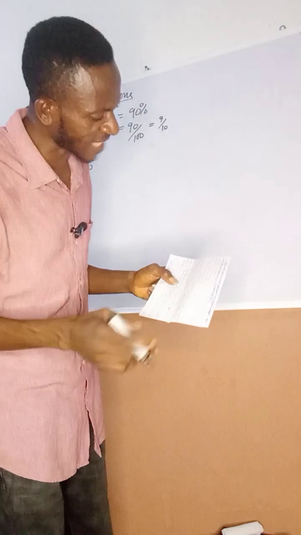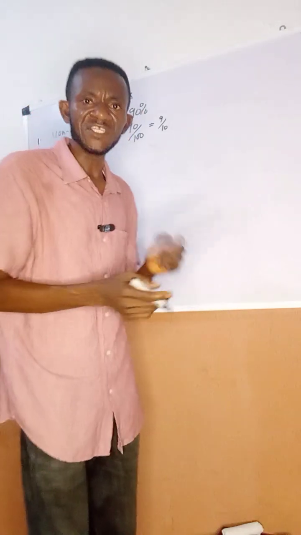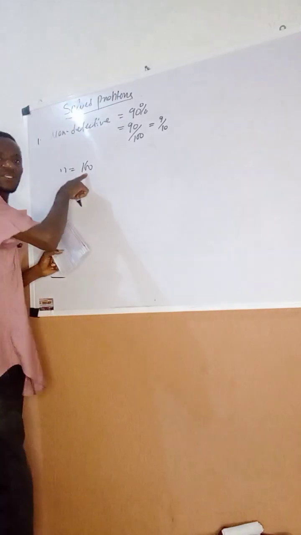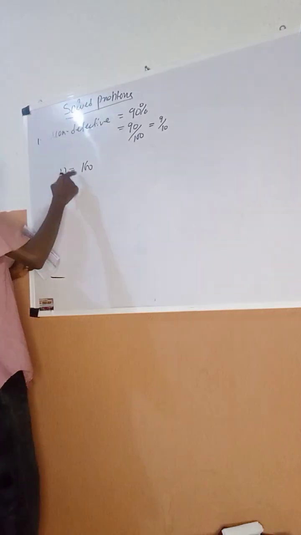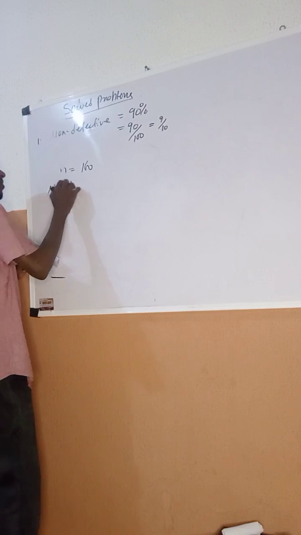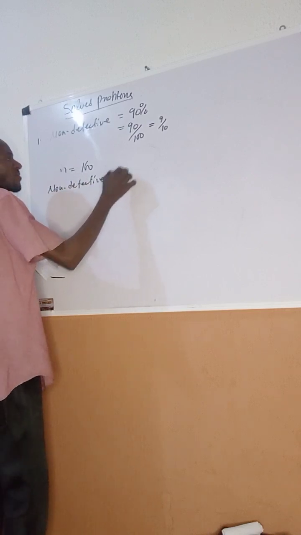Then it says in a random sample of 160 products, only 140 are non-defective. So from the sample, non-defective equals 140.